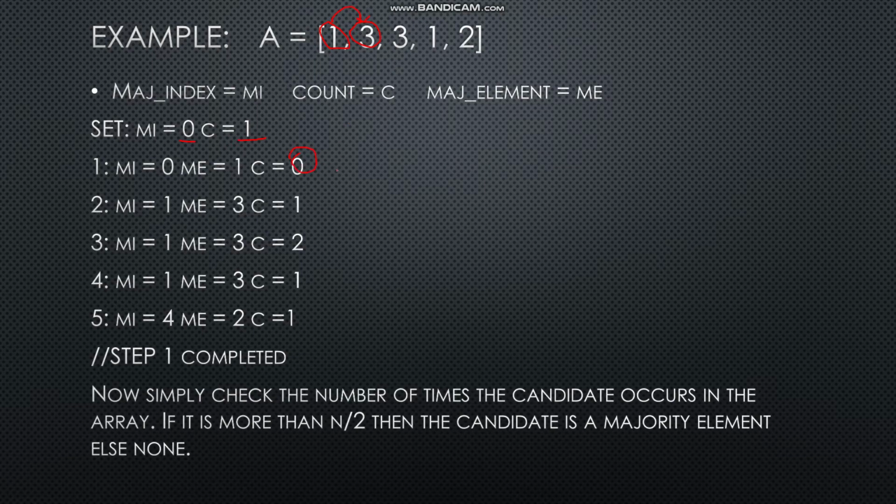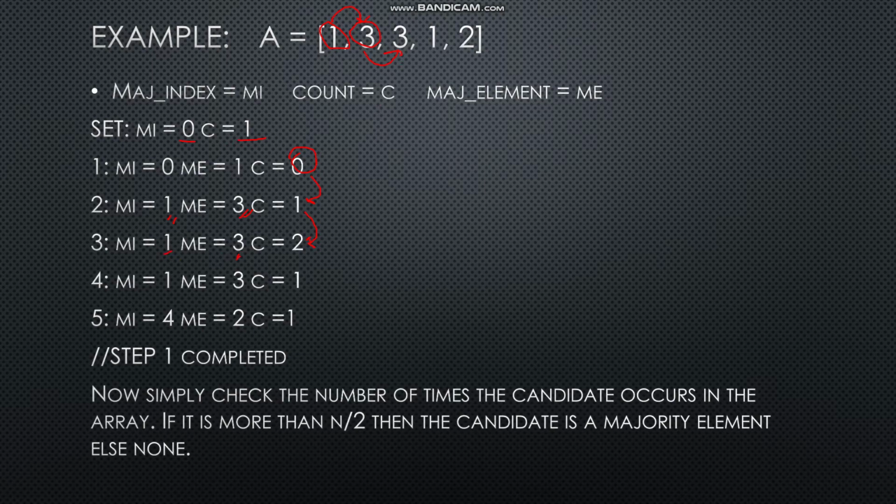And now as the count is 0, we will reset it to 1 and change the majority element and the majority index. Now comparing 3 with 3, the elements are the same, so we will increment the count to 2, 1 plus 1, 2, and the majority index and element would be the same.